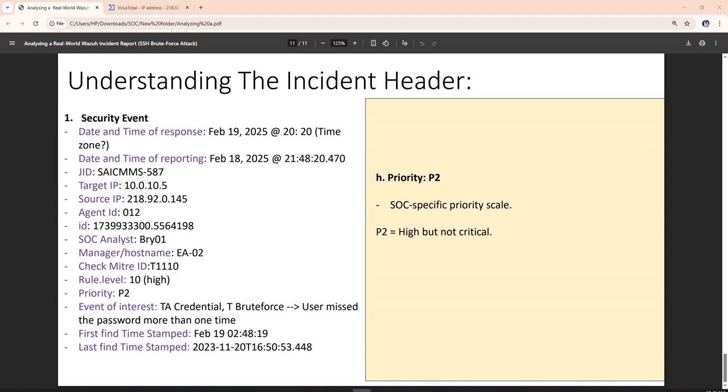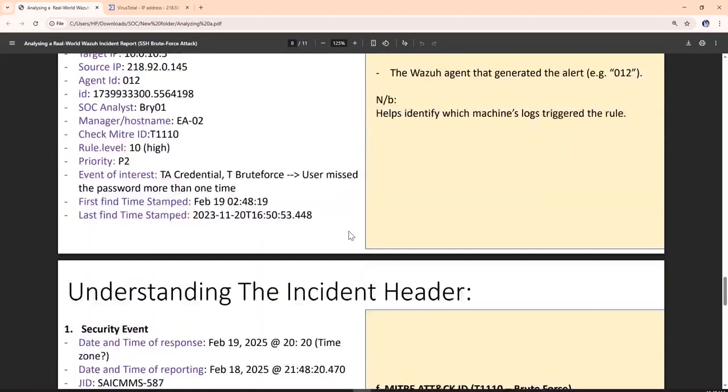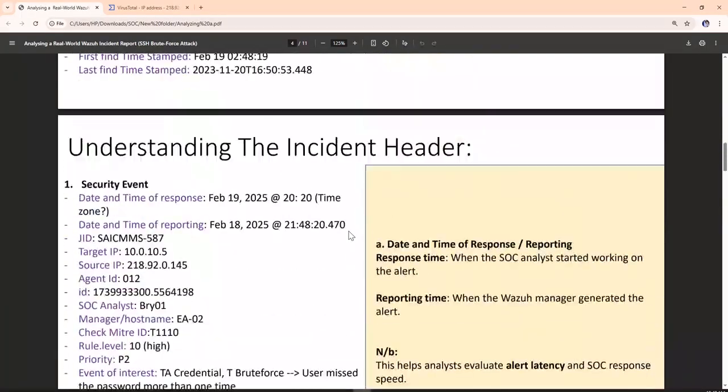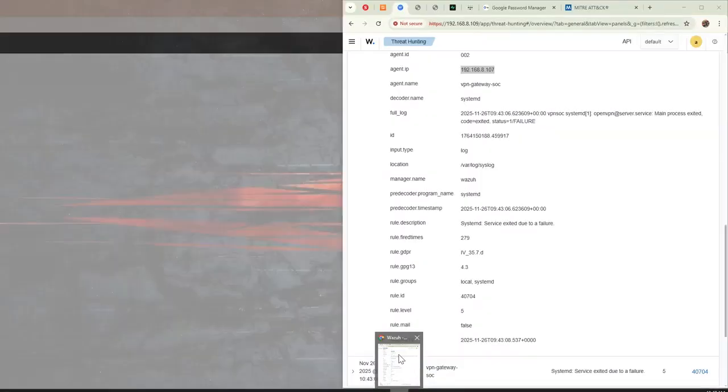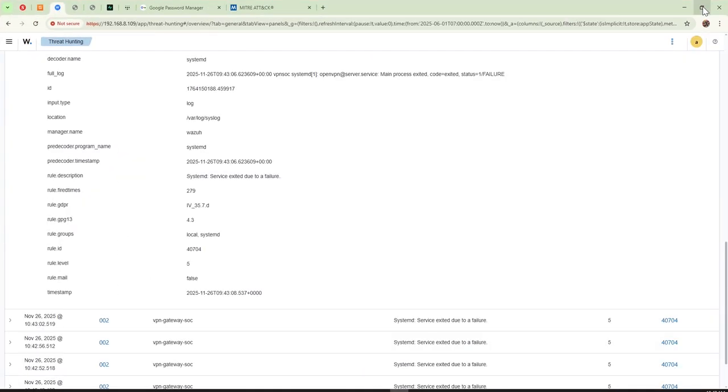Please, can you go back to that incident report that you just opened on Wazuh? Which incident report? The first one. Not this material on the wall, on the Wazuh. Okay. Yes, please.